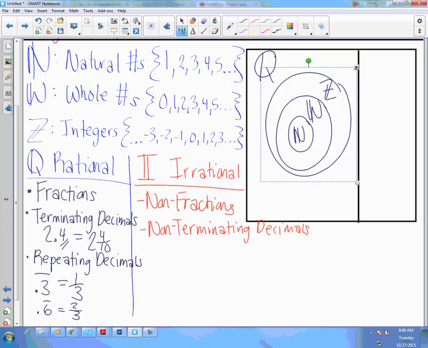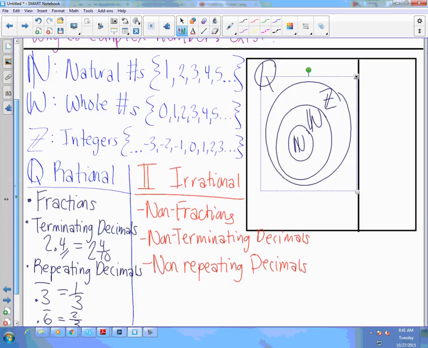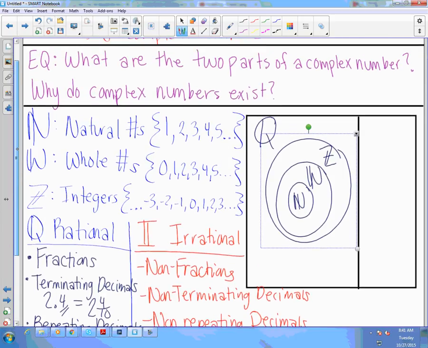And they are non-repeating. So irrational numbers are non-fractions, non-terminating, and non-repeating decimals.